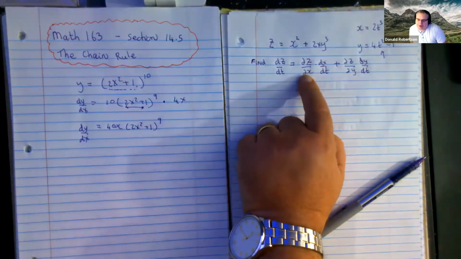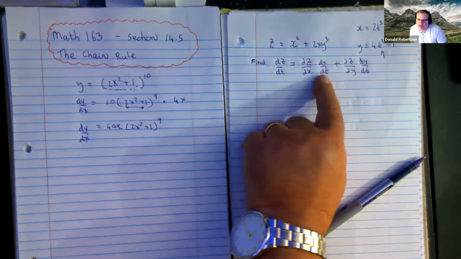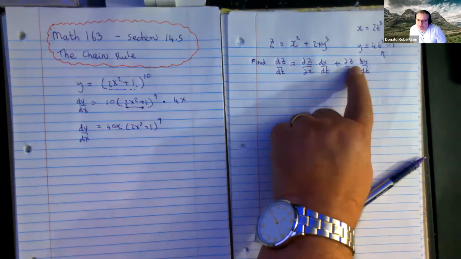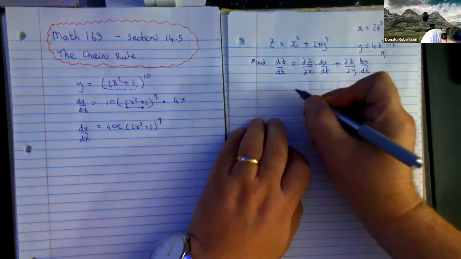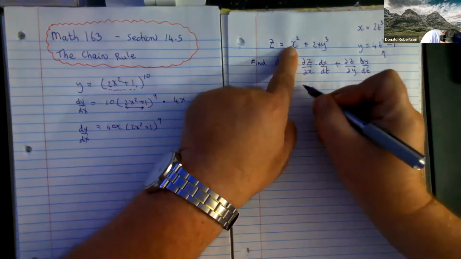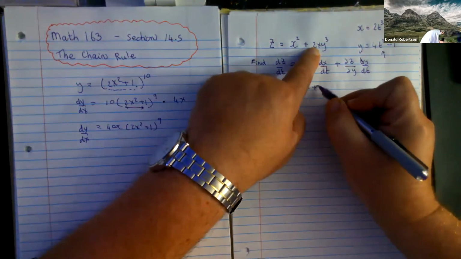You multiply the partial derivative of z with respect to x with the derivative of x with respect to t, plus the partial derivative of z with respect to y multiplied by dy by dt. So if you differentiate this guy with respect to x, you get 2x, and here you would get 2y cubed.